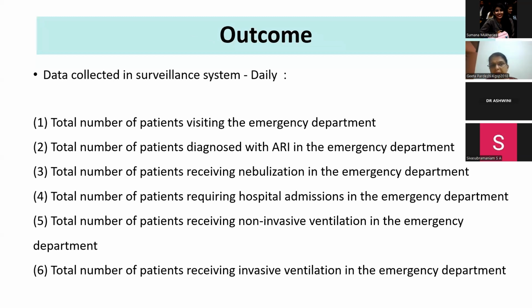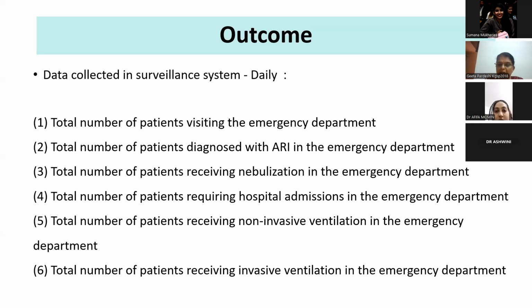Now, when we look at the data, there are some specific headings under which acute respiratory illness is reported. It is in terms of the daily total number of patients visiting the emergency department in these three specialities, the total number of patients diagnosed with ARI in the emergency department, the total number of patients receiving nebulization in the emergency department, requiring hospital admissions, requiring non-invasive ventilation, and there is a sixth one, requiring invasive ventilation in the emergency department.